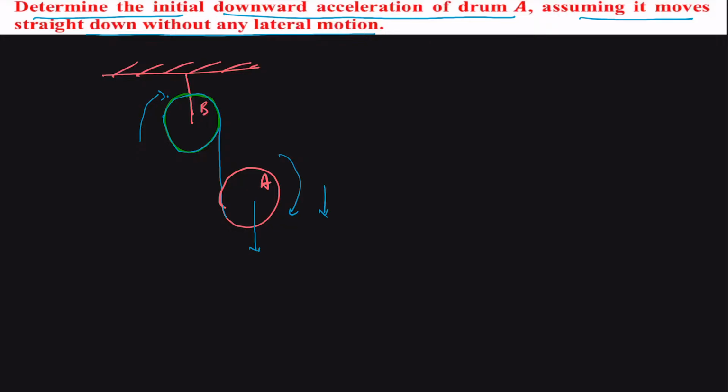So let us suppose it is moving downward with the acceleration a. Now we can draw their diagrams separately also.